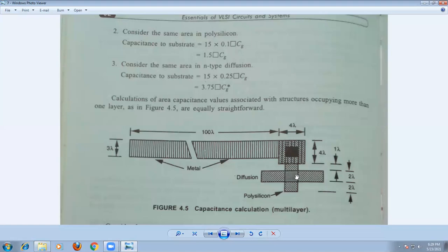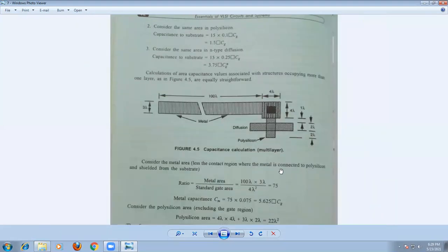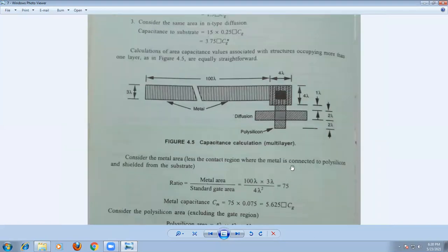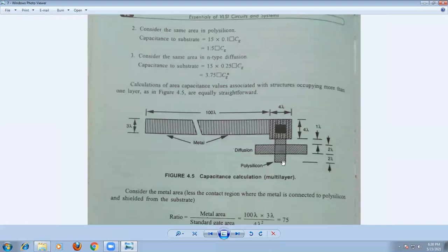That is the condition you have to remember: excluding the gate area, polysilicon. To calculate the polysilicon layer capacitance, we are going to exclude the gate capacitance, since this is the structure of the minimum size transistor. So we are going to exclude this capacitance. Don't confuse here.